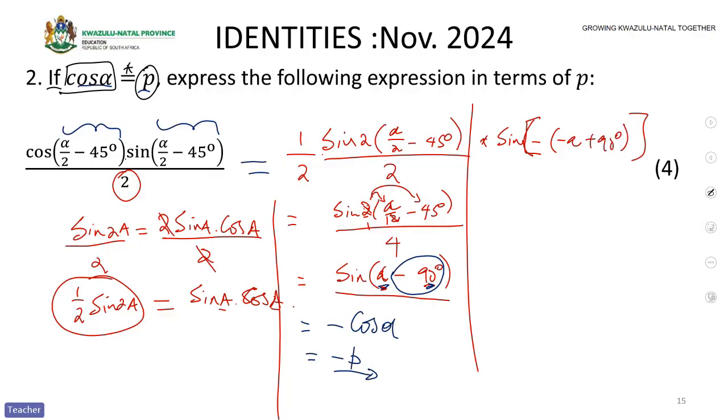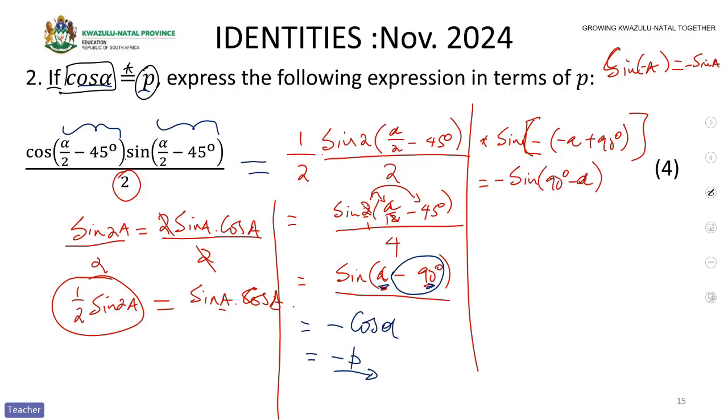So let us go back to that one. What is sin of negative A? Because this is an acute angle in a clockwise direction, it's going to be negative sin A. So that's what we still have to remember. So our expression will be negative sin of 90 minus alpha.